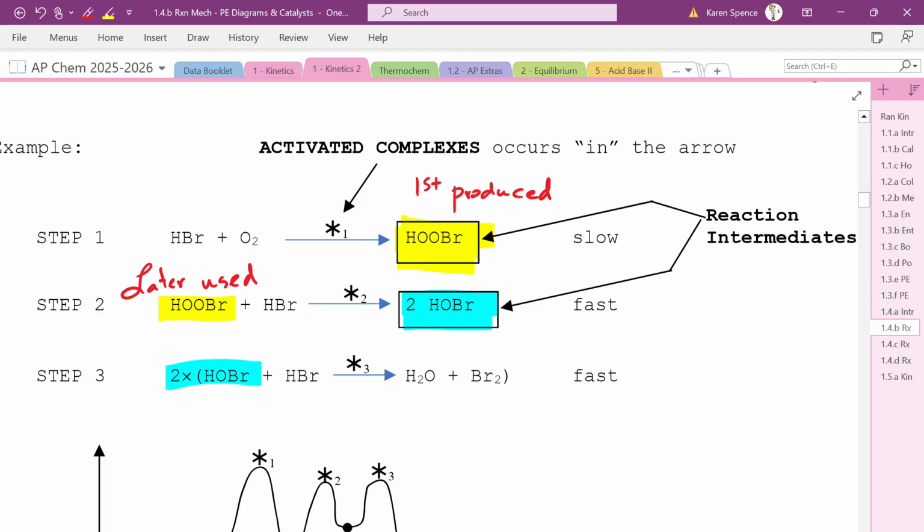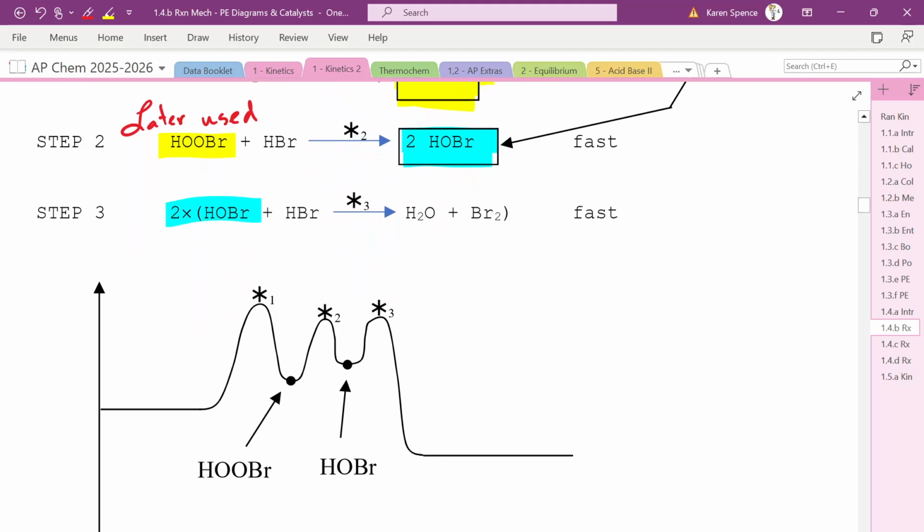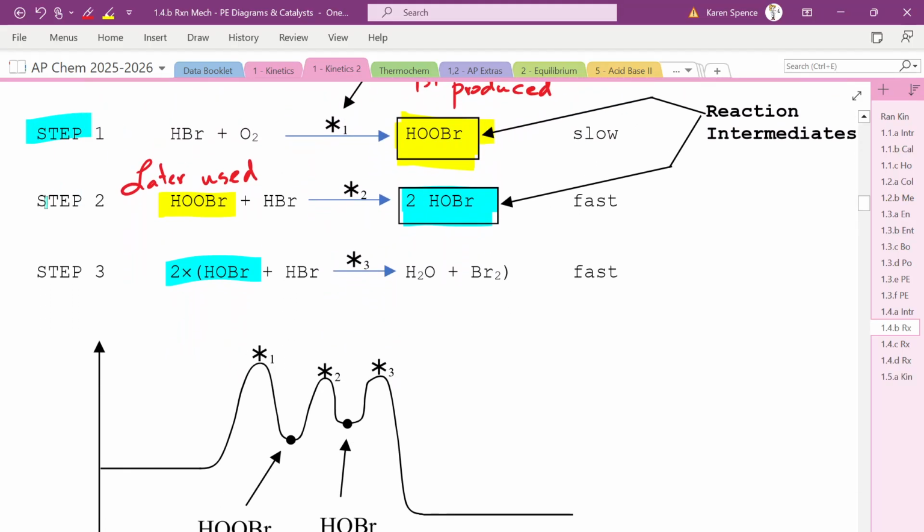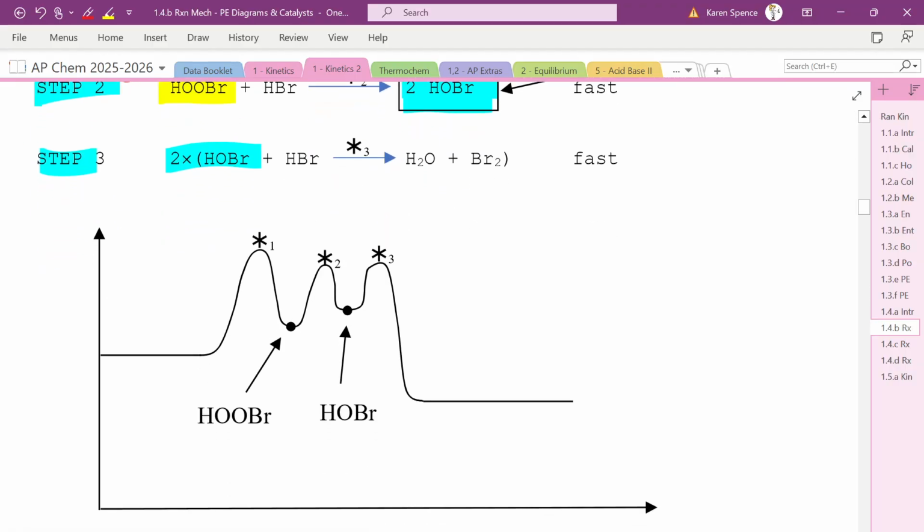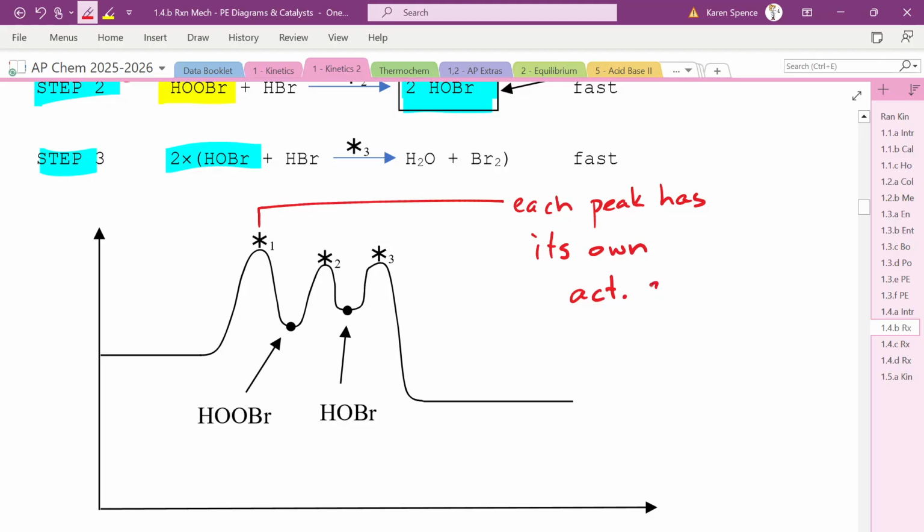All right, so on our graph here, you can see we have 1, 2, 3 steps. So we have 1, 2, 3 peaks. Each peak has its own activated complex, and those appear at the peaks.